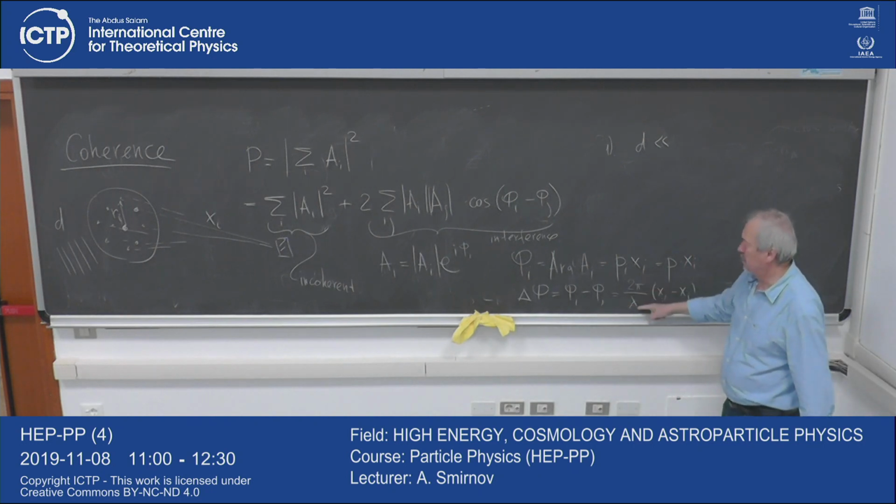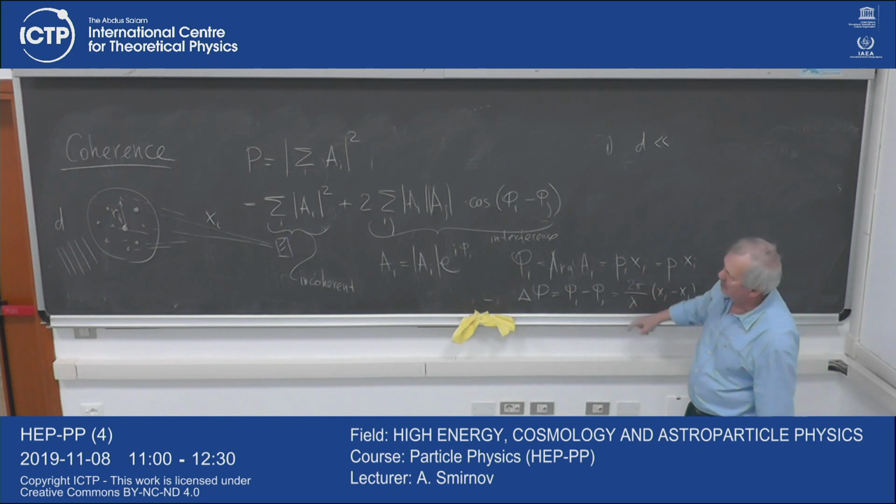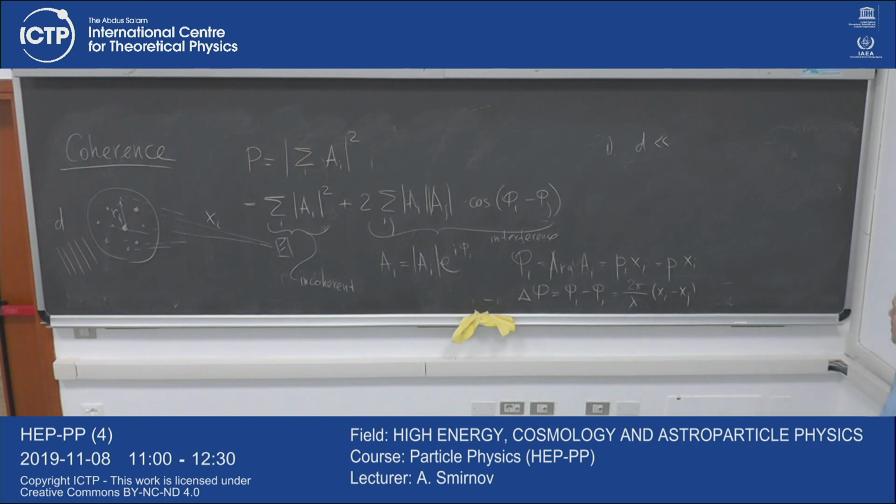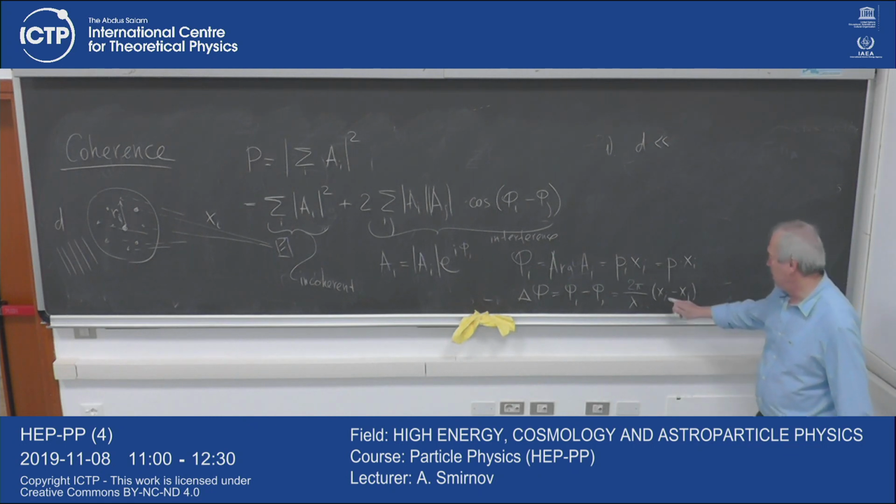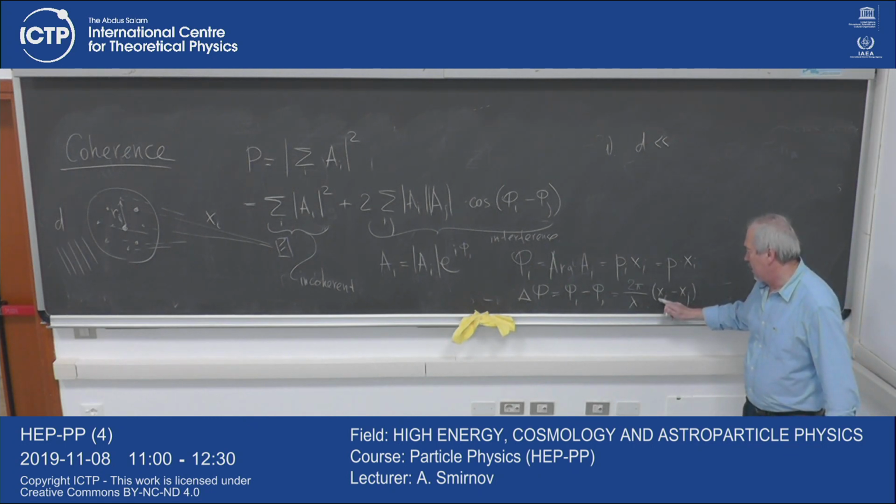And this is nothing but p, right, which we are using here. So the difference of the phases will be equal to the difference of distances times momentum, or 2 pi over lambda.